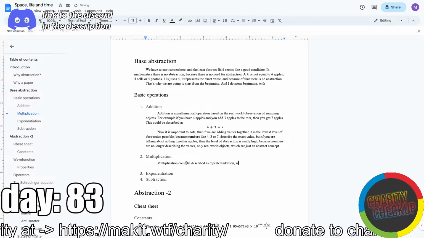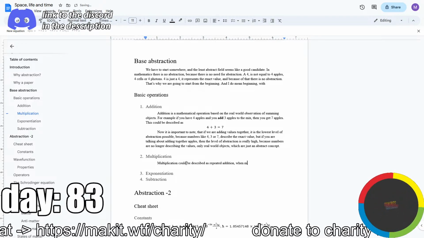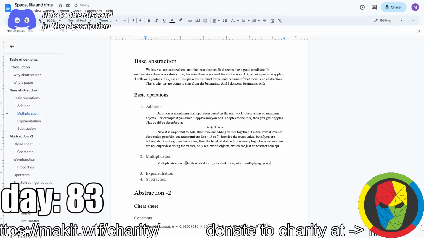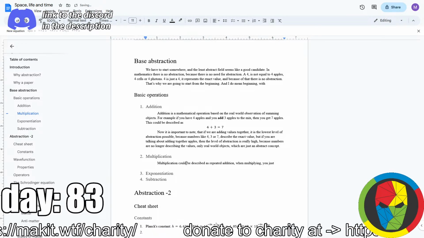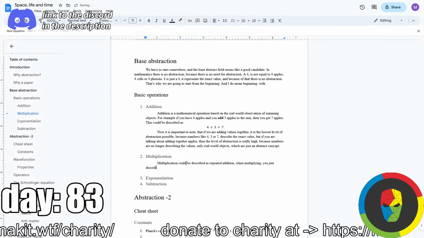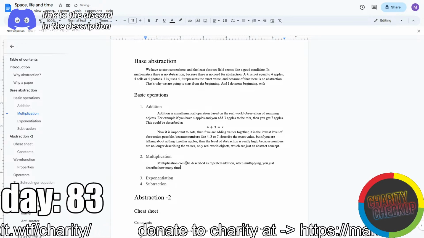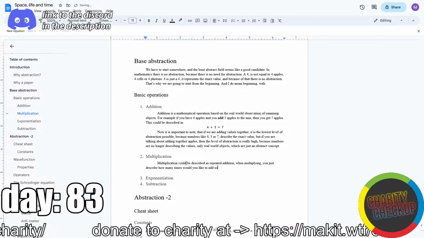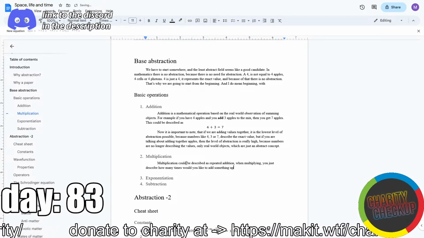Addition. When multiplying, just describe how many times you would like to add something up.